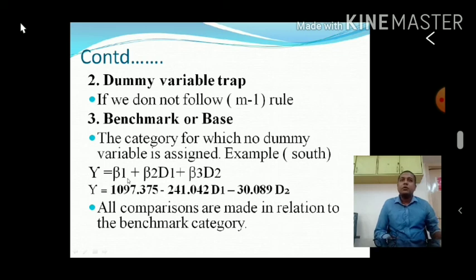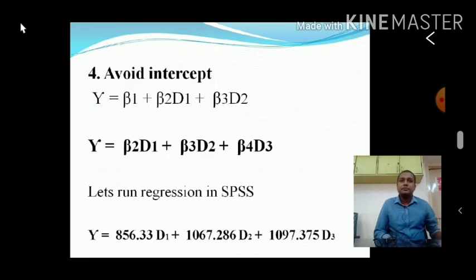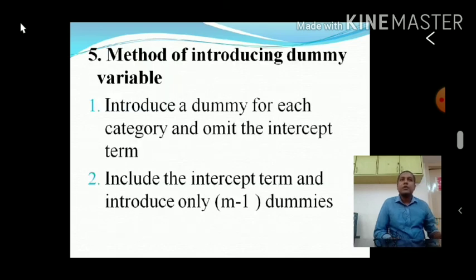And if you want to avoid intercept, you can, but the only thing is you have to take the dummies for all categories. And method of introducing, where you have 2 options, either you go with intercept or you go without intercept. If you're going with intercept, then you should follow the rule m-1.